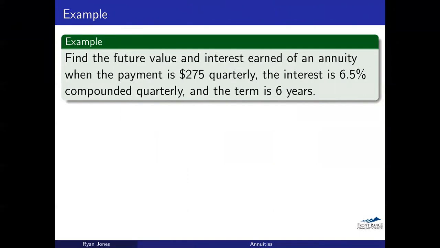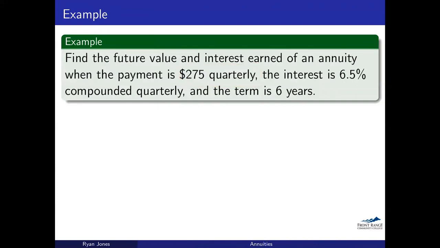So that'll be 4 times per year, every 3 months. The interest rate is going to be 6.5%, and again, it's compounded quarterly. For the problems that we're dealing with, the payment rate, how often you're paying in, and how often the interest is compounded will be the same. They don't theoretically have to be, but for what we're doing, they will be. And then you're going to do this for 6 years. So basically you're putting in $275 every 3 months, and you're doing that for 6 years.